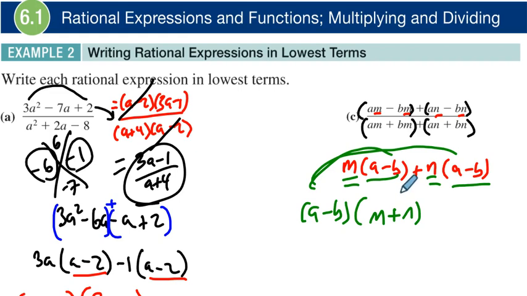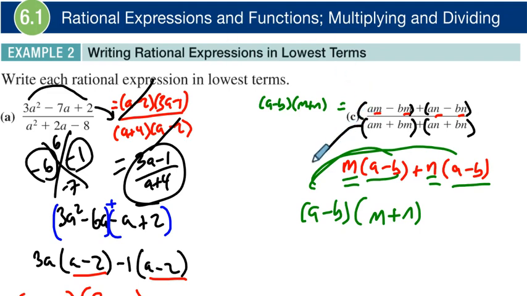I want to stop right there because that's as far as I can go for the numerator. So I've rewritten the numerator as a minus b times m plus n. And now let's do the same process for the denominator. I'm going to bring this guy down.